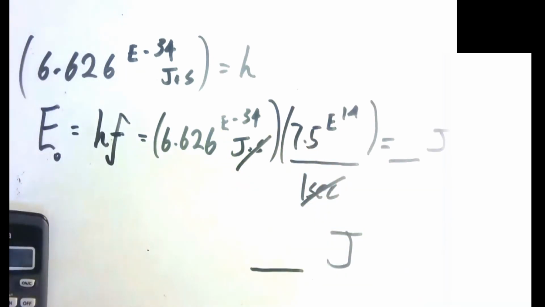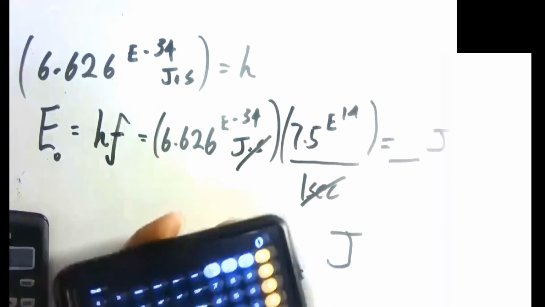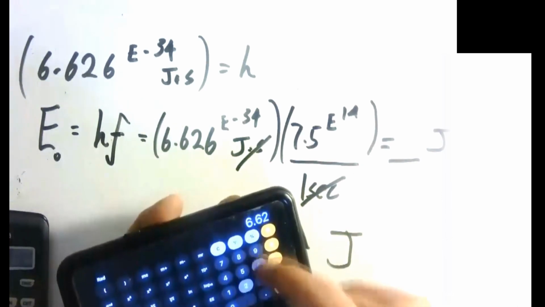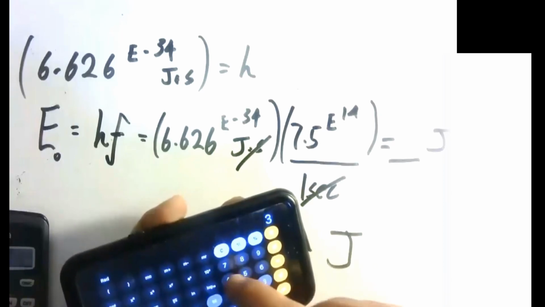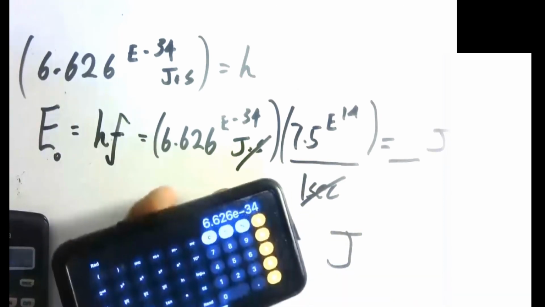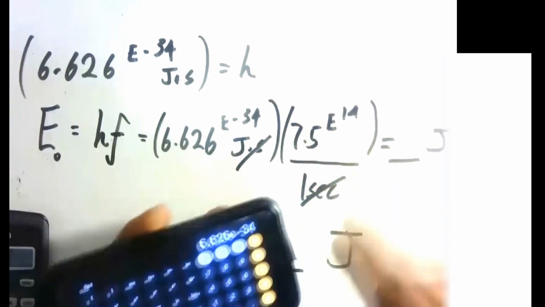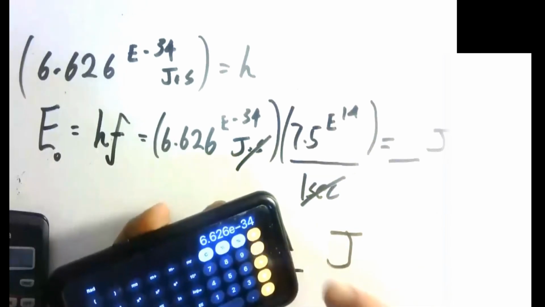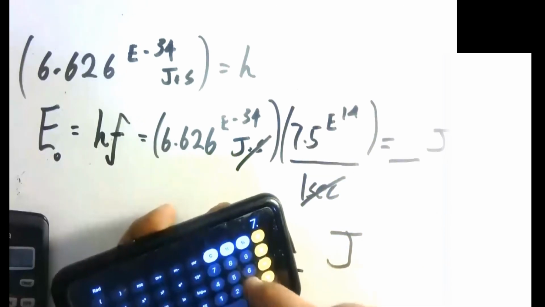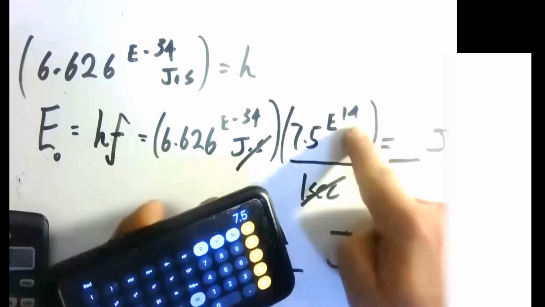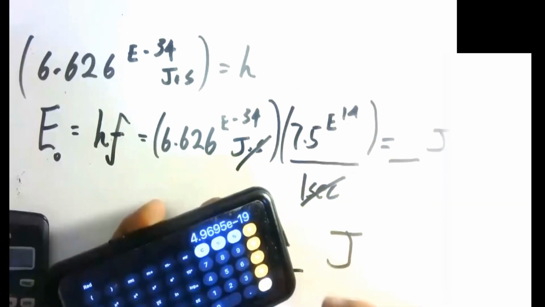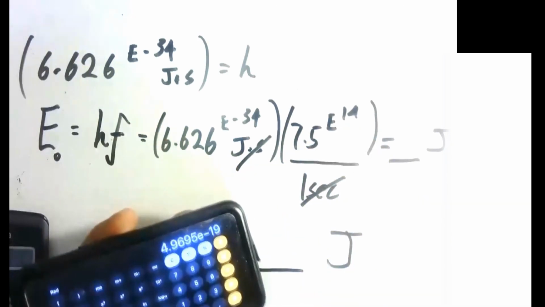All right, now let's try that again with our calculator app. We have 6.626 E 34, flip the sign. Okay, Planck's constant is in there. We'll multiply it by the size of the wave times 7.5 E, the power is 14. And there's our number, 4.9695.